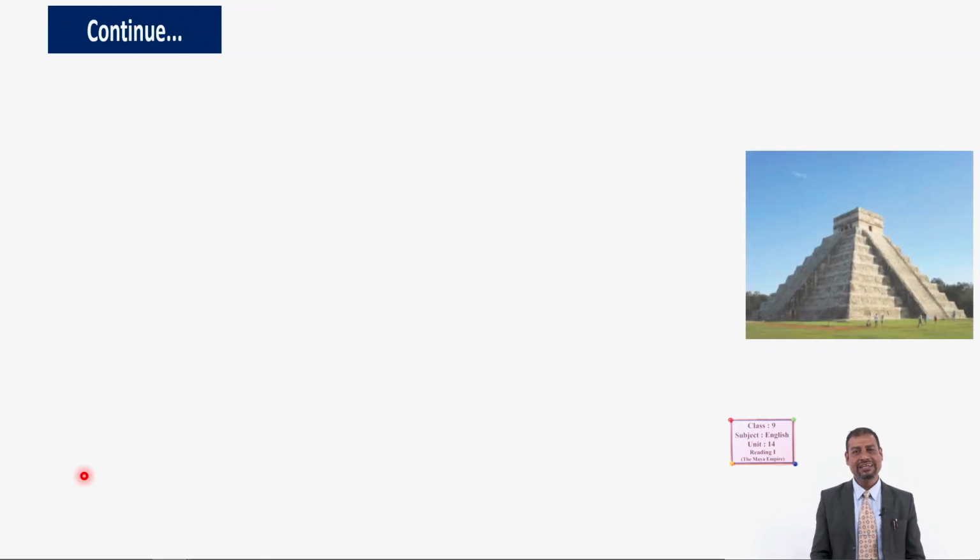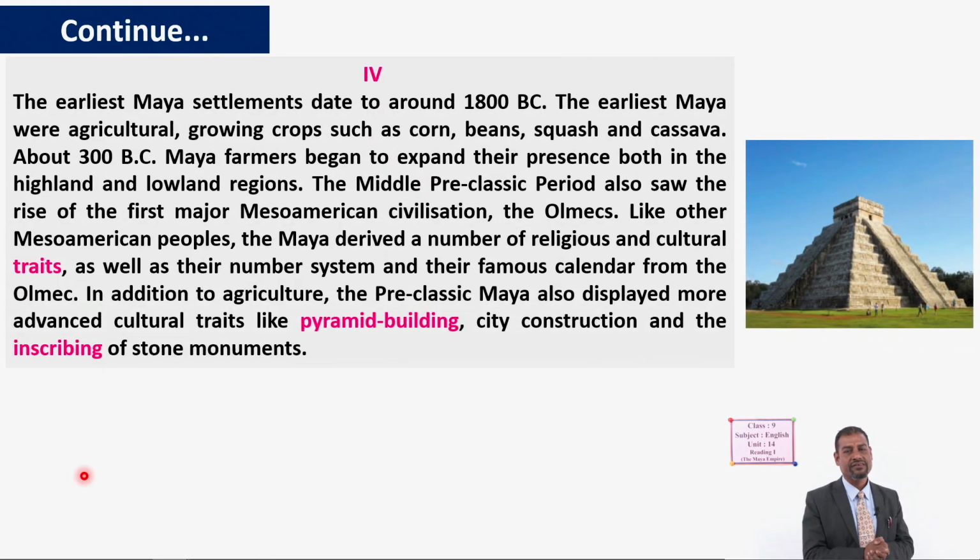If so, let me take you to another paragraph, that is the 4th paragraph, okay? Again, I want to read the paragraph and you should also read with me, and at the same time you try to get the information. So let's start. The earliest Maya settlements date to around 1800 BC. The earliest Maya were agricultural, growing crops such as corn, beans, squash, and cassava.